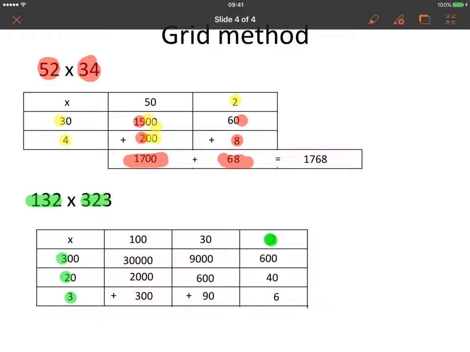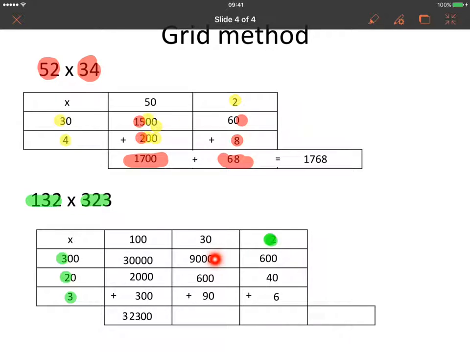So I'm going to add, and here goes. 0 add 0 add 0 is 0, and again 0 add 0 add 0 is 0. And I've got 0 and 0 and 3, so that's 3, and 0 and 2 is 2, and then I just bring down the 3.